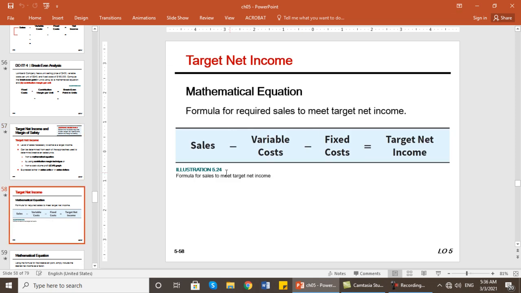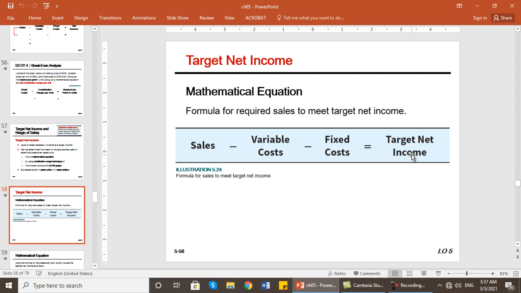Now here's the way to calculate target sales and required sales. Formula for required sales to meet target net income: sales less variable cost less fixed cost equal target net income.